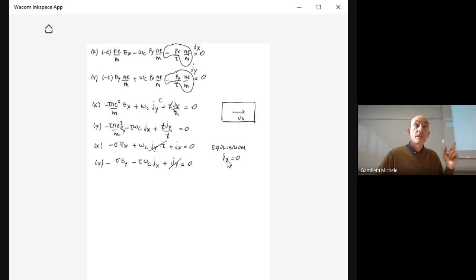And if you look at the first equation, we have just Jx equal to conductivity times Ex. And this is just the equation that we obtained yesterday, the same equation that was found when no magnetic field was applied to the system. So this is the answer to the first question.